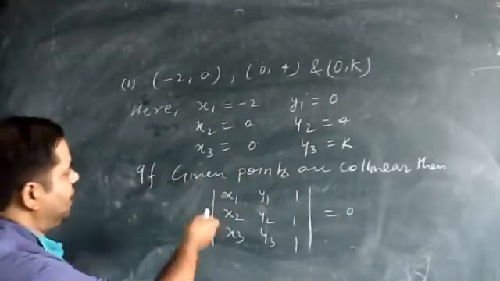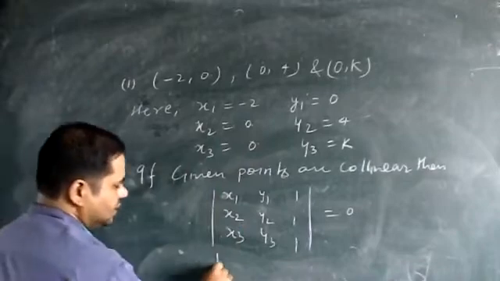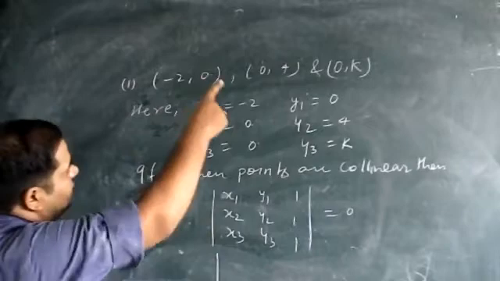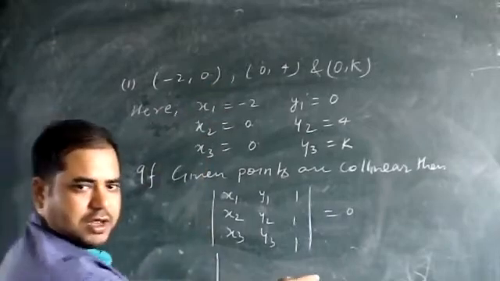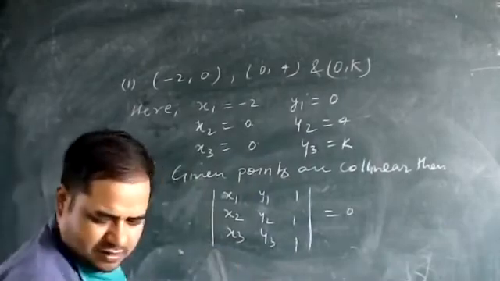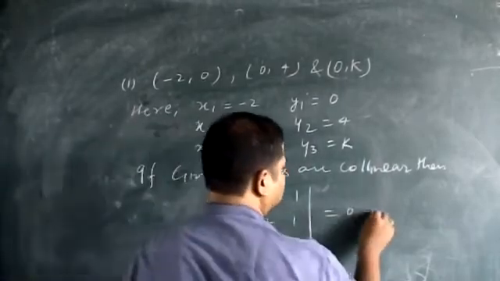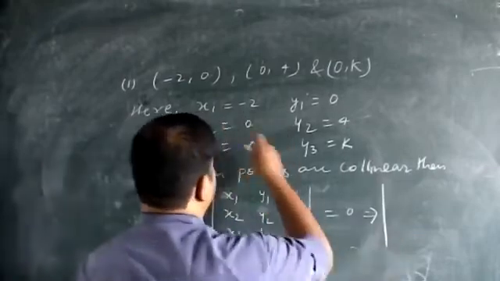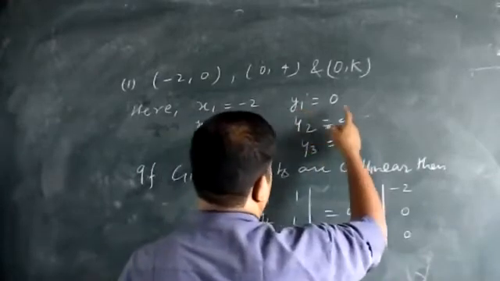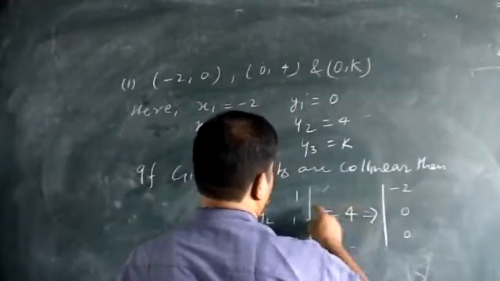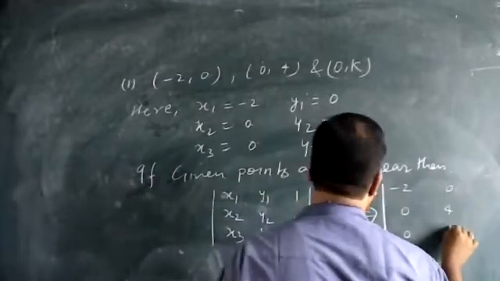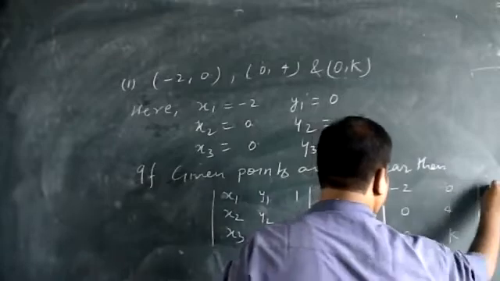So put in the values of x1, x2, x3. So see, put in the value of x1 as minus 2, 0, 0, and y1, y2, y3 as 0, 4, k, with 1, 1, 1.